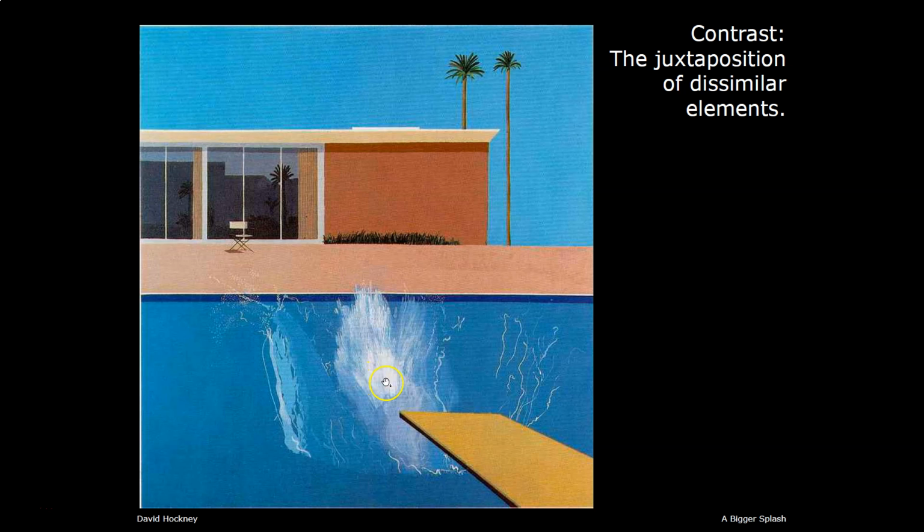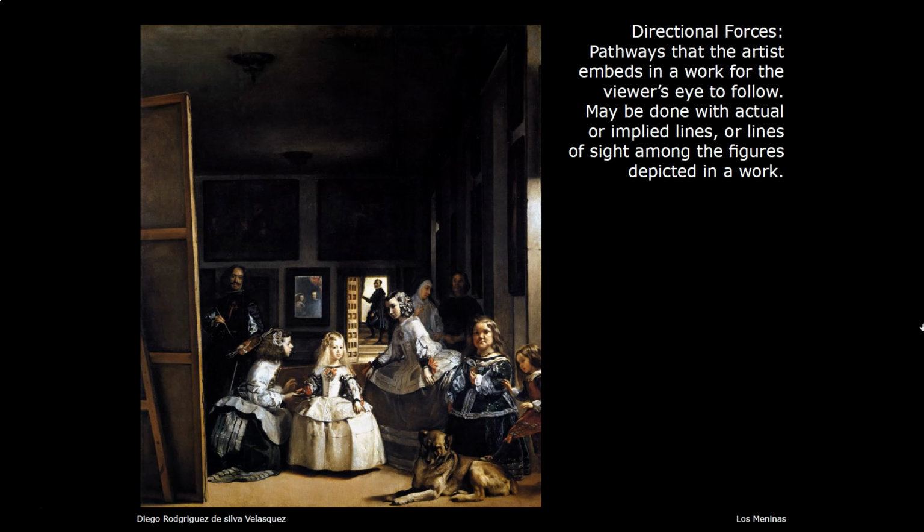Lots of flat, smooth paint versus very scrapey, scratchy paint. And that creates this sense of rhythm bouncing around between the different things. Your eyes kind of dance around, checking out all of these areas of contrast. What that dance does is create what are called directional forces. These are pathways that an artist embeds in that dance of contrast that will lead a viewer's attention through a painting.